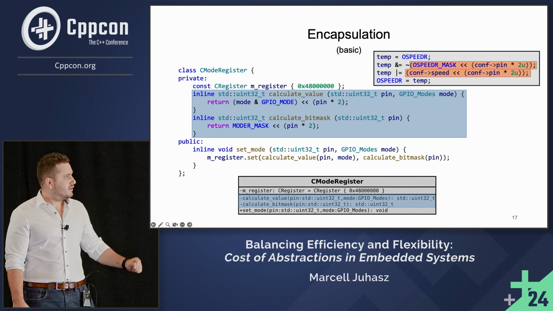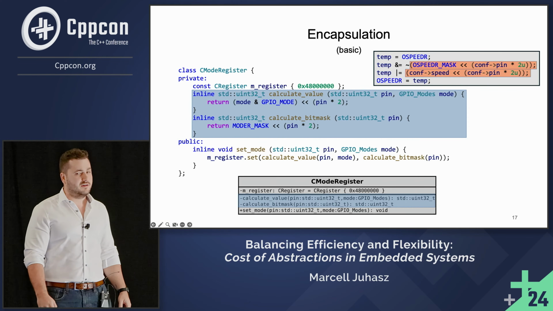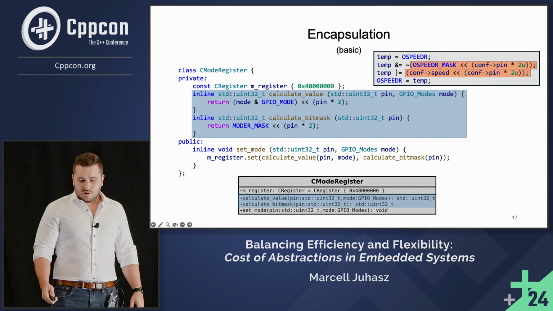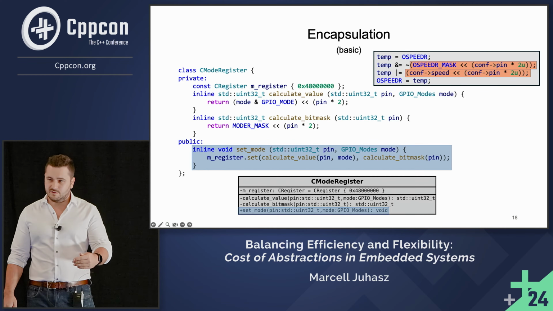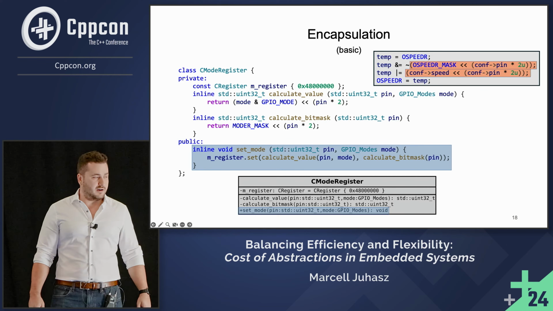As I've said, this class needs to provide ways to calculate the necessary bit masks, and in this case, these are simply encapsulated in some private member functions. This class must also provide a clear interface for interacting with the underlying hardware.